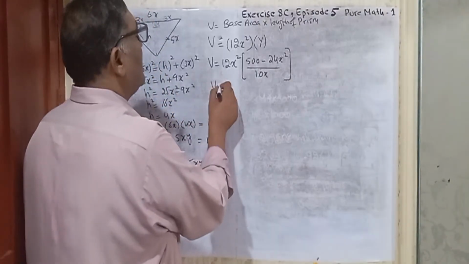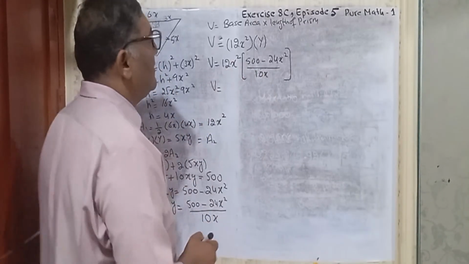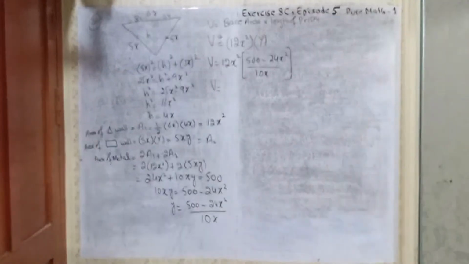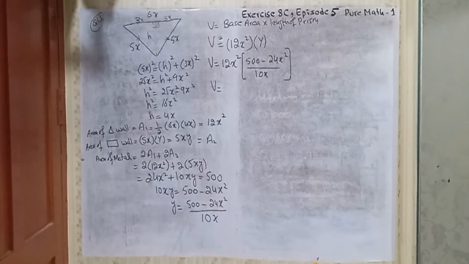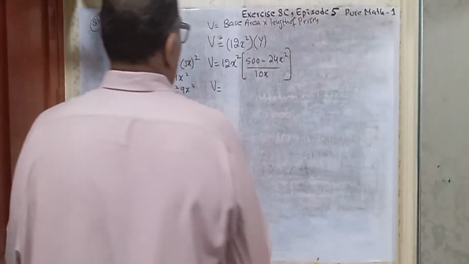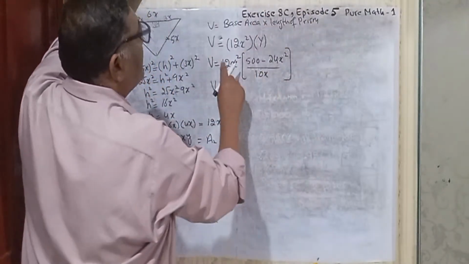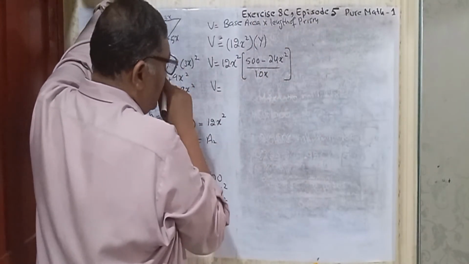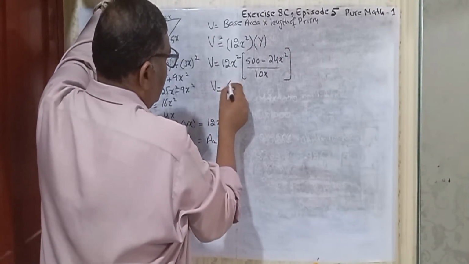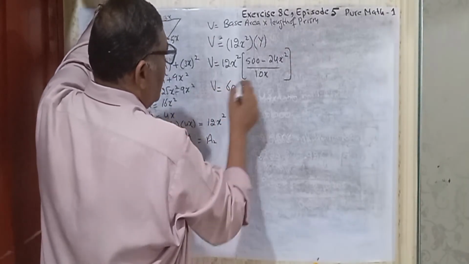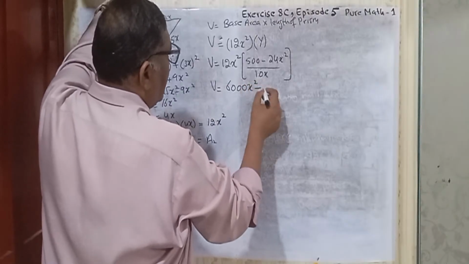So this x and this x will be cancelled. What does this become? 12 multiplied by 500 minus 24x square.